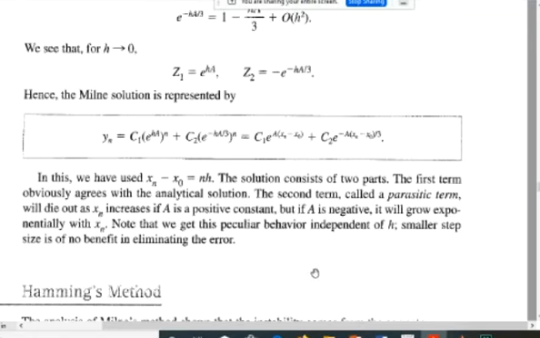We can see the particular behavior for values of h. A small step size is of no benefit in eliminating the errors because of the unstable algorithm.